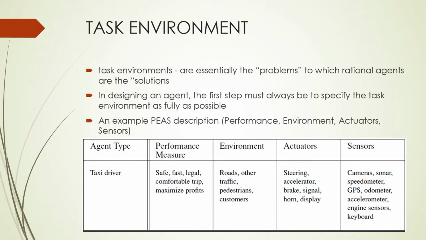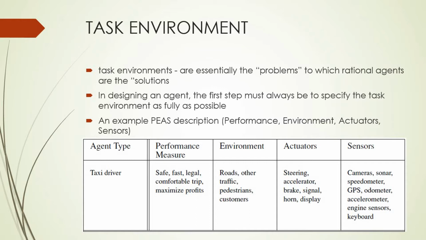This kind of agent will be driving a car on the roads, and its environment includes other traffic, pedestrians, and customers. The actuators to accomplish such a task will be the steering, accelerator, brake, signal, and display.